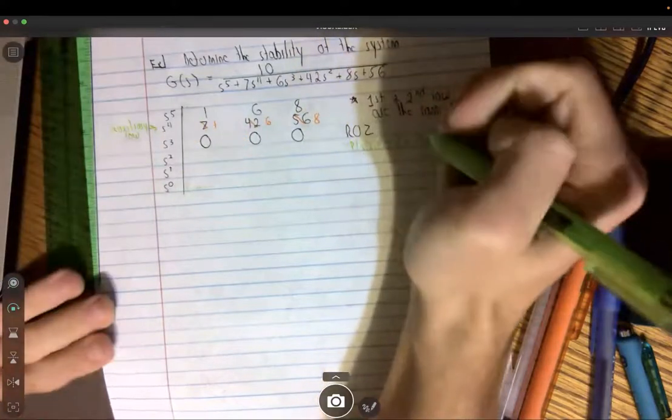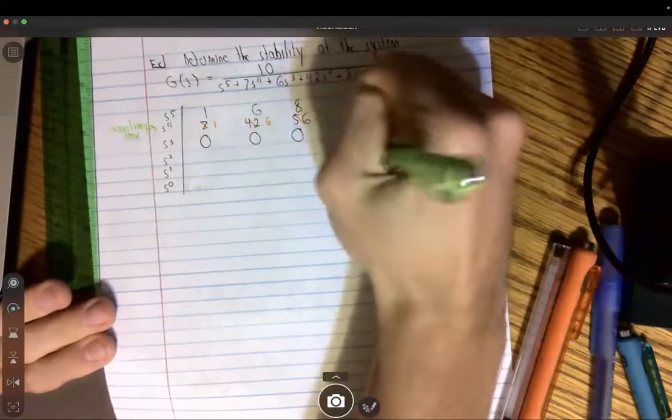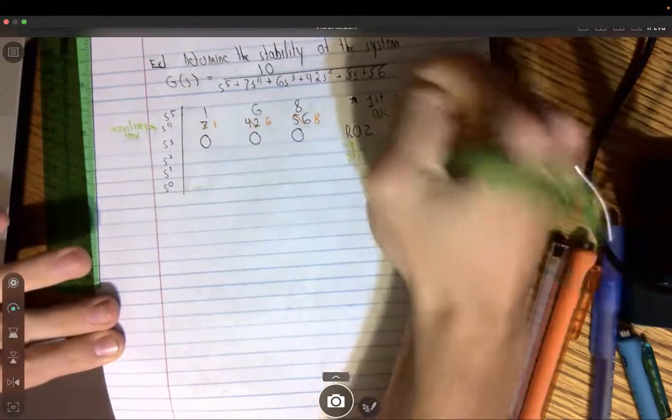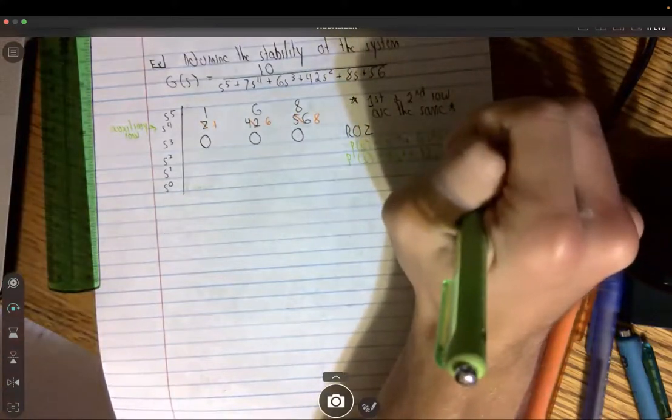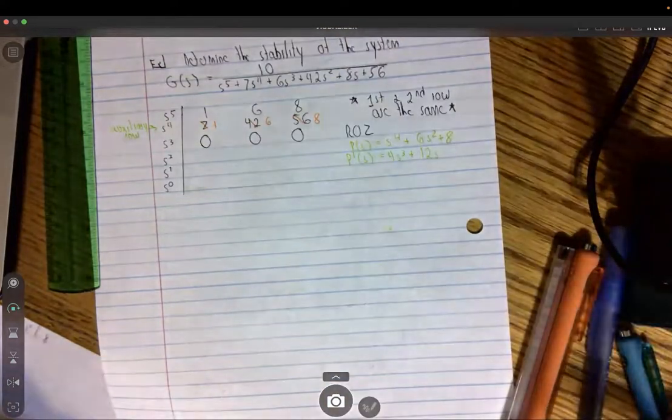You take the derivative of the auxiliary row. So the derivative P prime of s is going to equal 4s to the power 3 plus 12s, and then the derivative of the constant is 0.